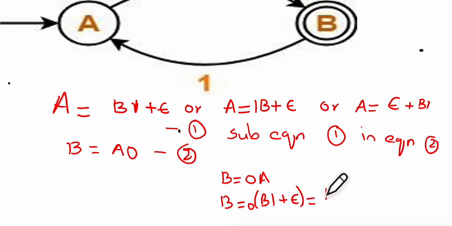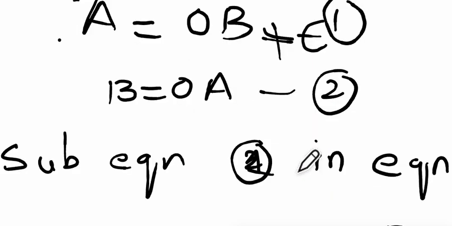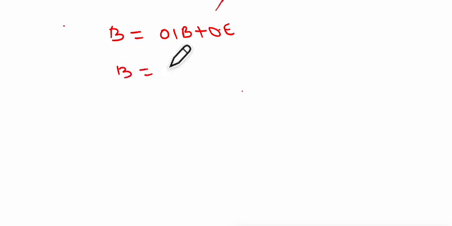Based on the distributive law, B equal to 0 1 B plus 0 into epsilon. Now 0 into epsilon is just 0, since anything into epsilon gives the same thing. So we get B equal to 0 plus B 0 1.